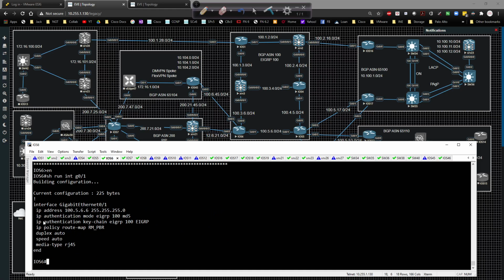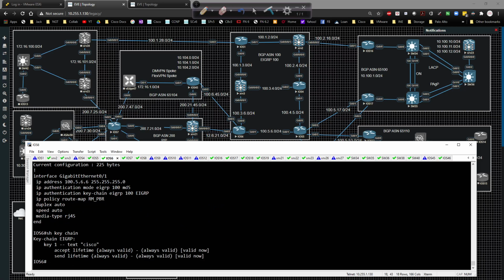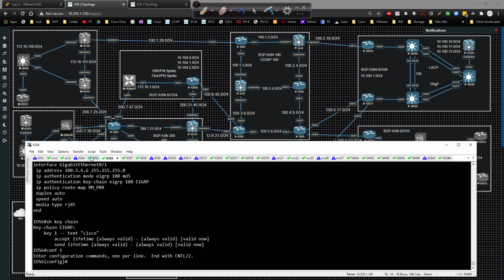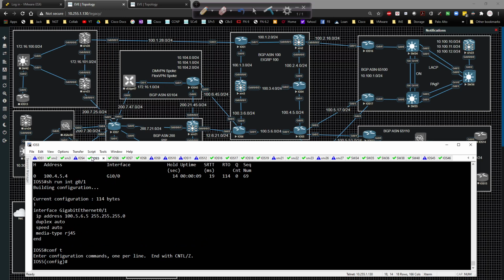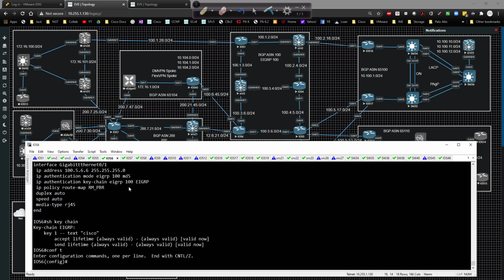We're gonna show keychain. I should be able to run that command on 5. So we'll go to, actually I'll remove the keychain on this guy.